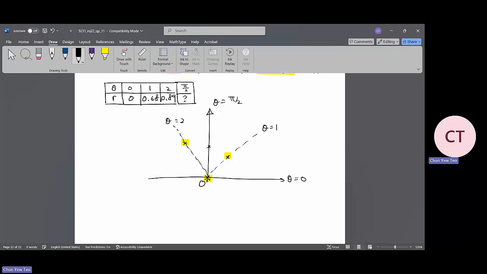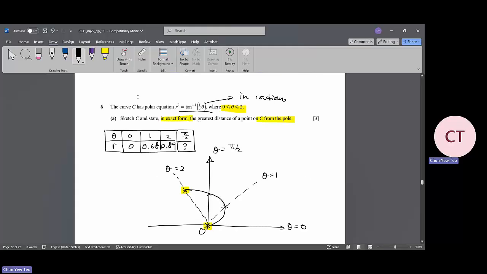Then you can find this answer to draw your graph better, in order to get a better result of drawing. Okay, so if you plot it like this, then you can get the graph like that. Okay, so this will be the answer for the number 6A.